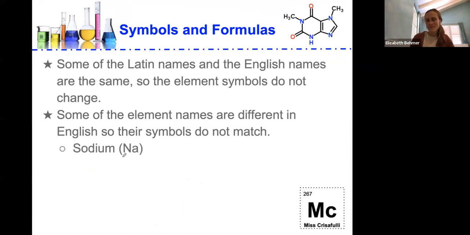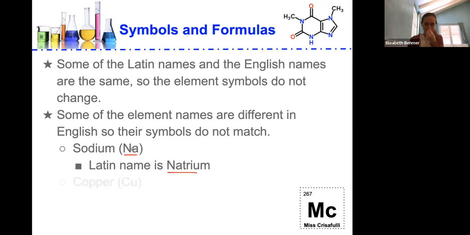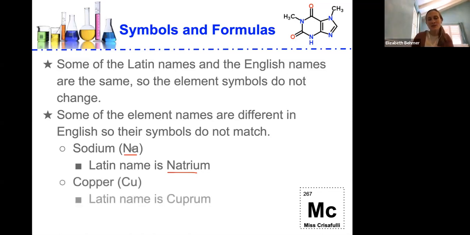Examples are sodium, which has the chemical symbol Na. The Latin name is natrium, so that's where the symbol Na comes from, because sodium's Latin name or Latin root is natrium. Copper, chemical symbol is Cu, and that's because the Latin name for copper is cuprum. So just keep that in mind.